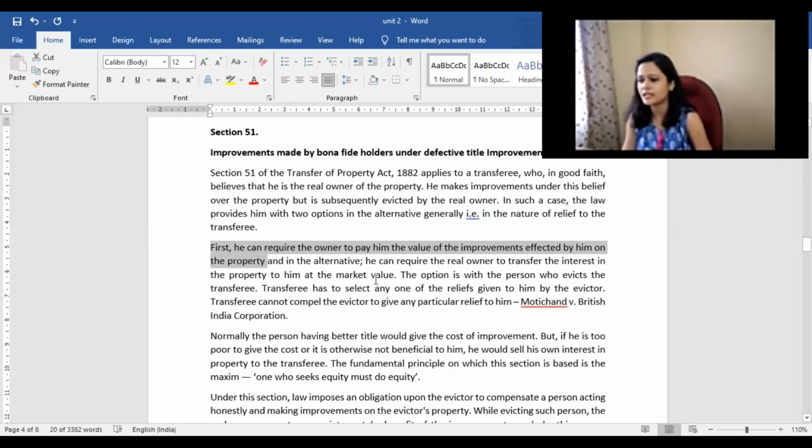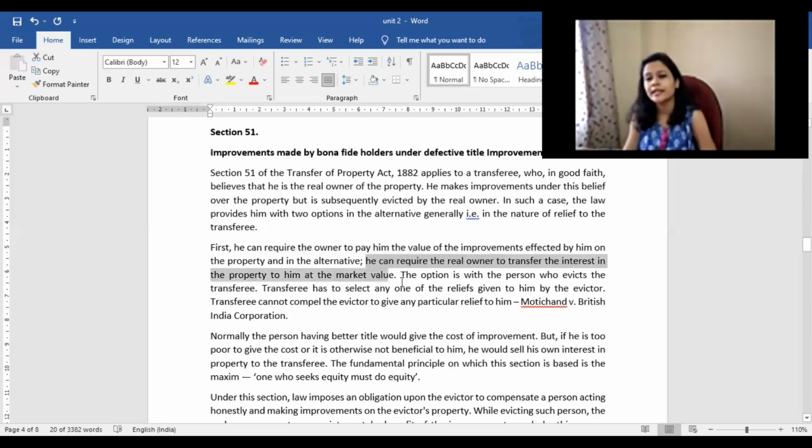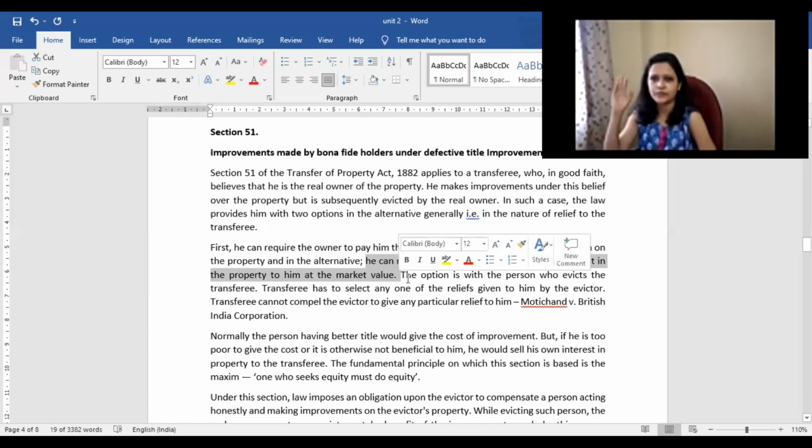Or in the alternative, the transferee can ask the real owner to transfer the interest in the property to him at the market value. Take for example, I had also constructed a building by taking permission and approval. Now in such a case, the owner is saying that I never wanted to construct a 3-story building here, I just wanted a very small basic minimal house for myself.